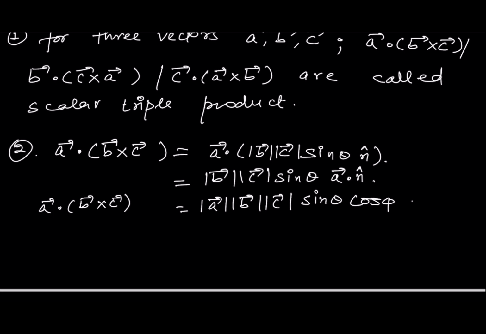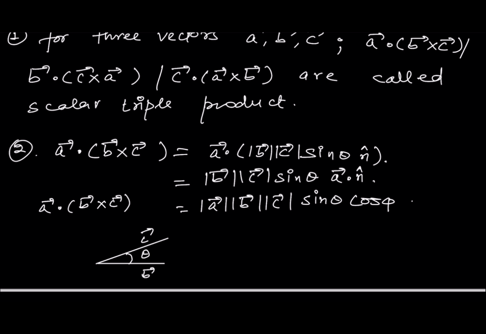So here let us understand this thing geometrically. Say this is B vector, this is C vector, and the angle between B vector and C vector is theta.